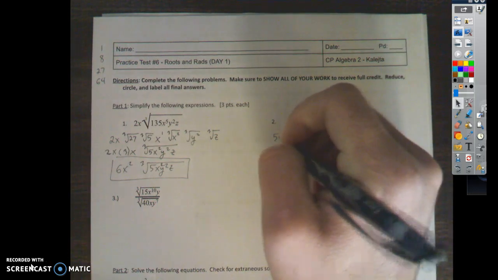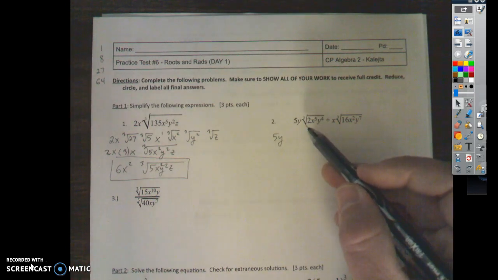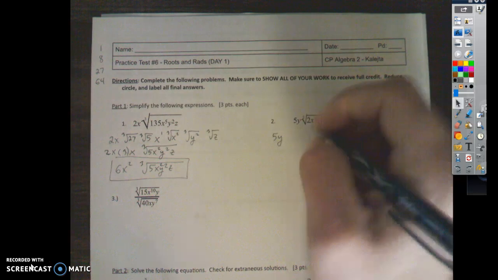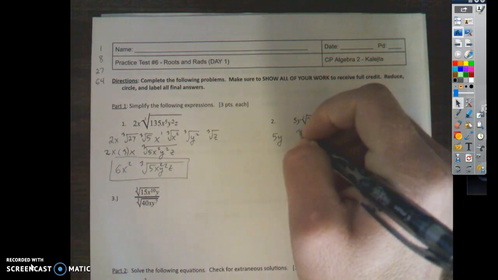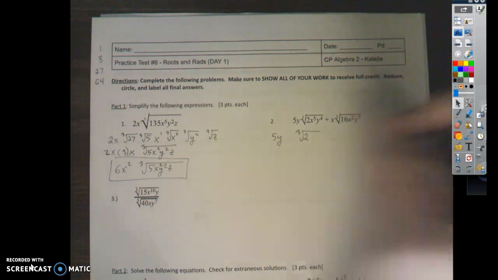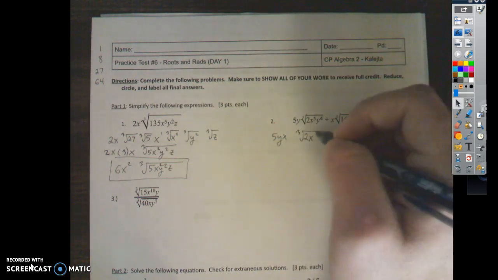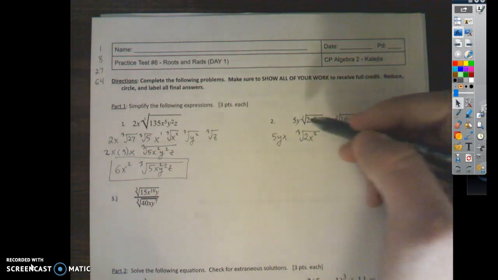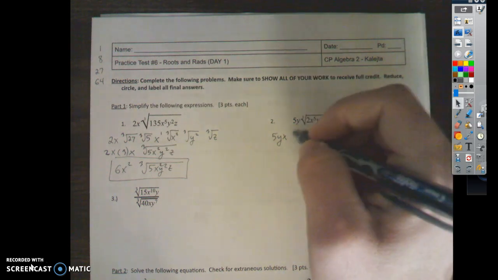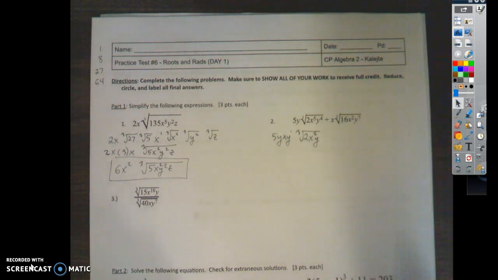Can I find a perfect cube that goes into 2? Hopefully you're thinking no, so that stays 2. Can 3 go into 5? It sure can. I can take 1 x out. What's your remainder? 2. Can 3 go into 4? Yep, once, so I can pull 1 y out. The remainder is 1.